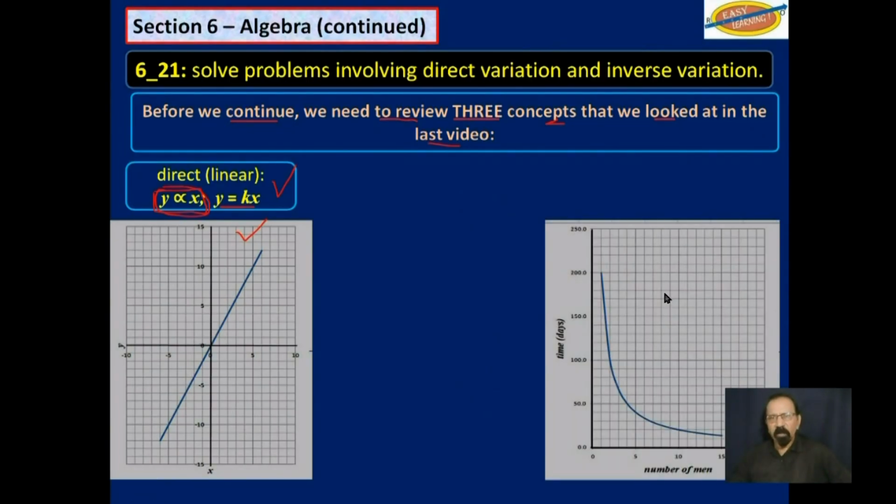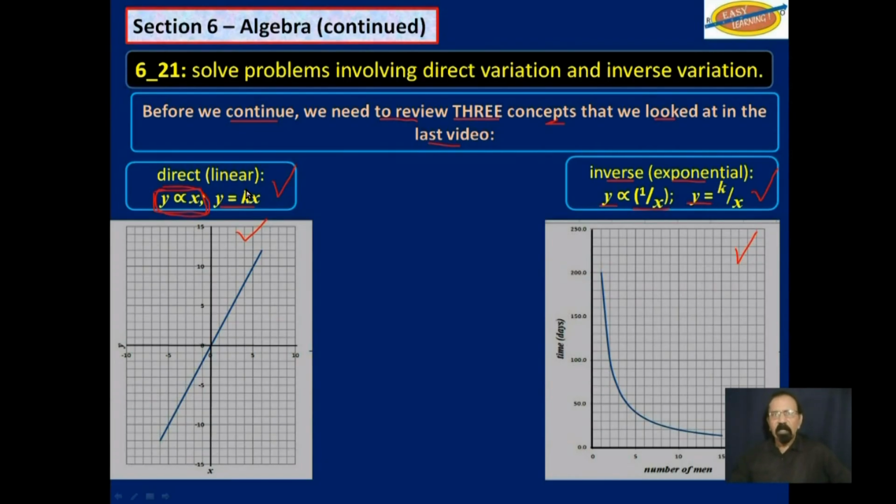Then this next one on the right here, which shows inverse exponential, where y varies inversely with x, or y is equal to k over x. Now, those are the only two formulae that you were given in the syllabus in the last objective.